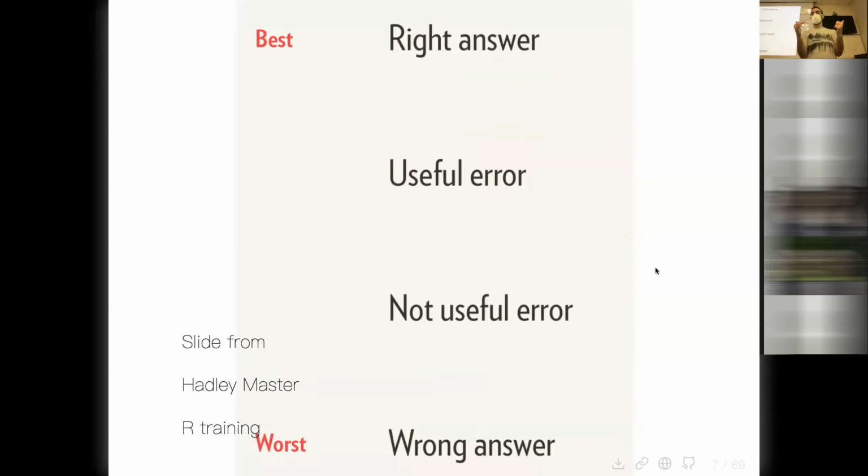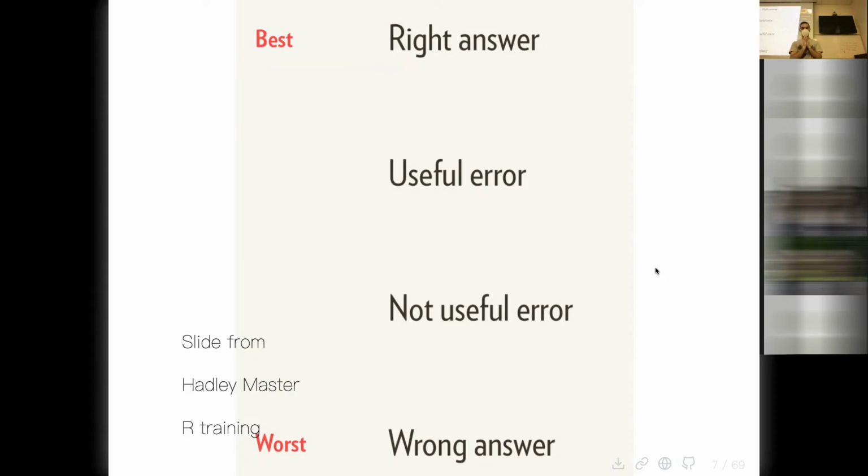Less helpful than that is a not useful error, and I know we've all encountered that a lot, right? And then the worst is there's no error message, there's no anything, and you get an answer, and so you continue on, but that answer is actually not correct, right?